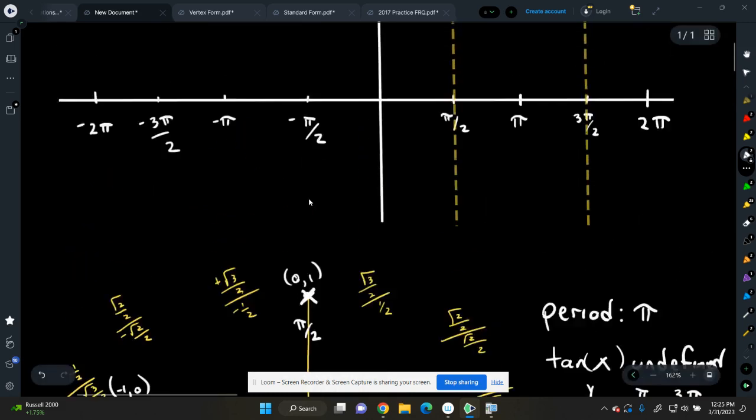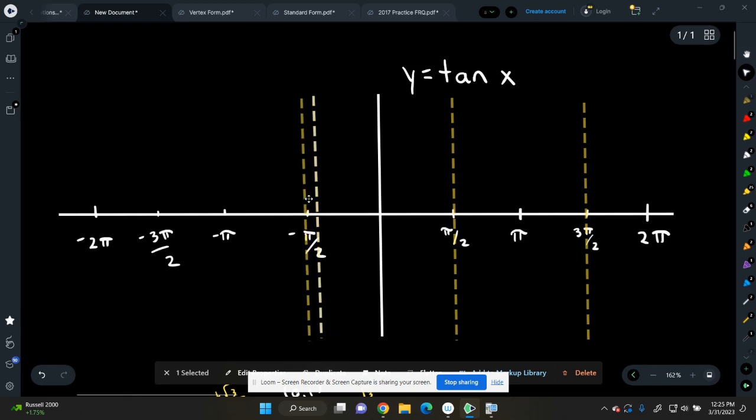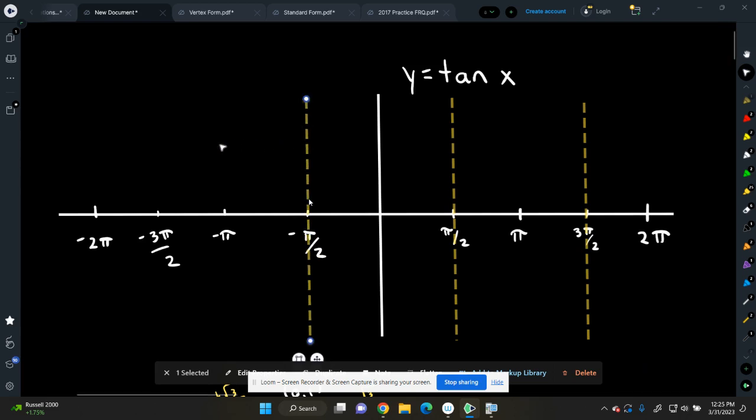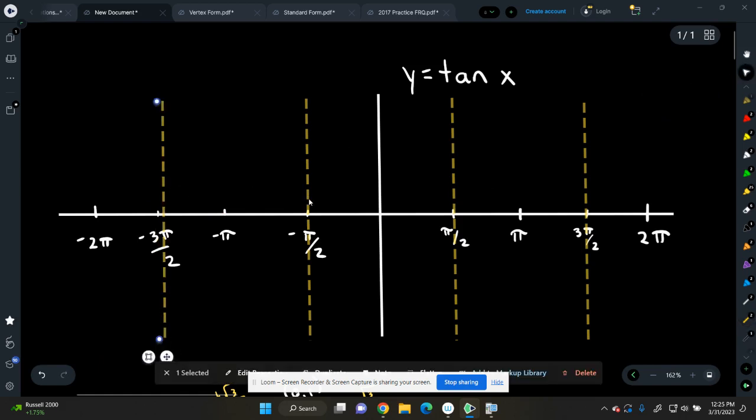So it's going to be undefined at negative pi over 2, and it's also going to be undefined where? Negative pi over 2 and negative 3 pi over 2. Okay, so there's all my undefined points.